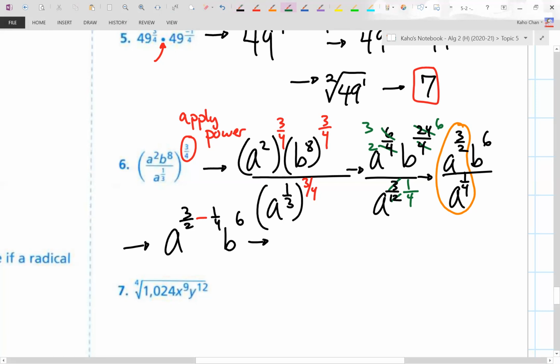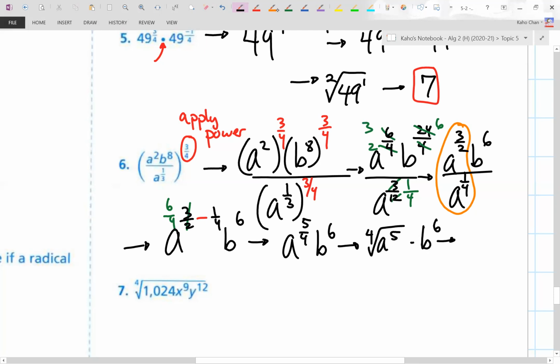Embarrassing. 6/4 minus 1/4 is 5/4. And I guess they want us to reconvert that to a radical. Wow, crazy. This is the 4th root of a to the 5th times b to the 6th.